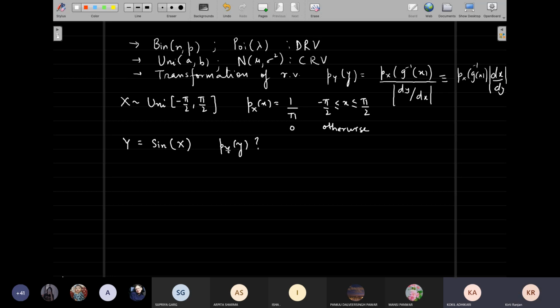Now you see that I am writing capital Y as a subscript just to show that this PDF belongs to random variable y. So the question is in this form: x has a given or a known PDF, and y's relation with x is given through sin x. We want to find out p_Y, or the PDF of y.